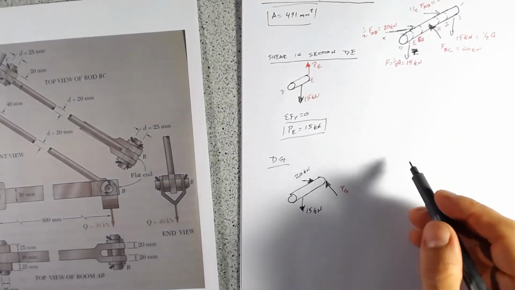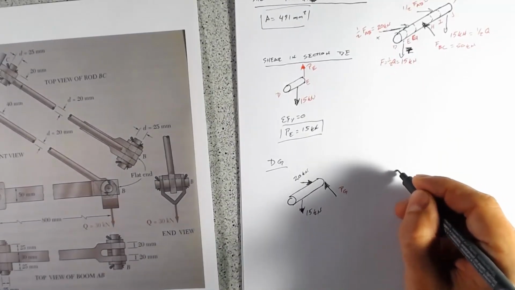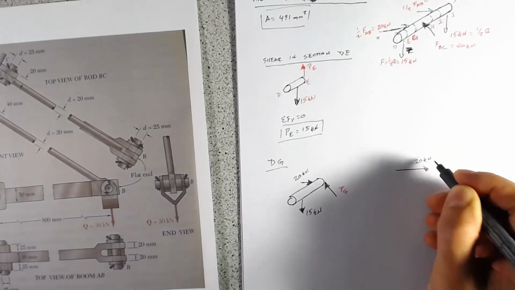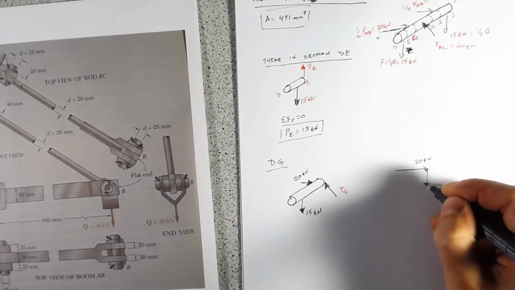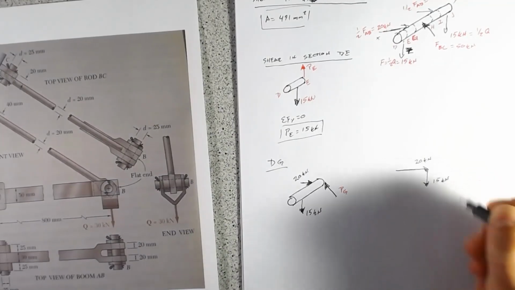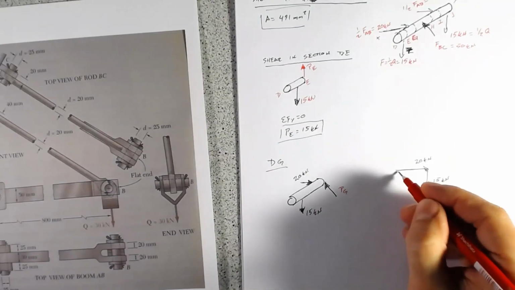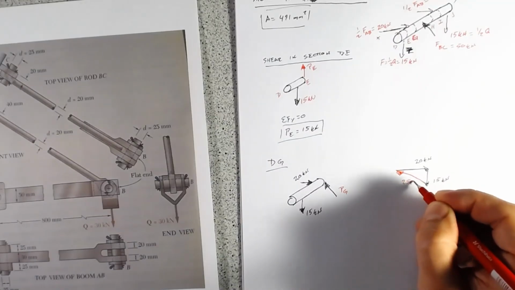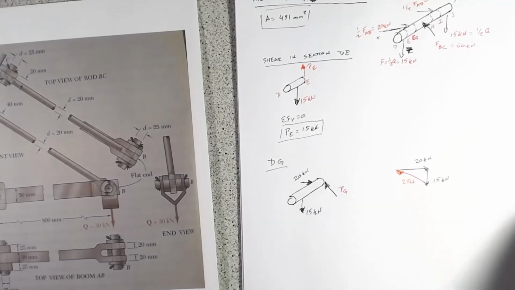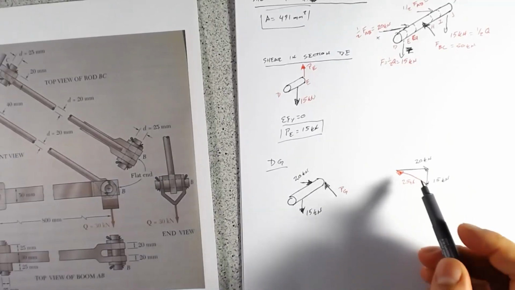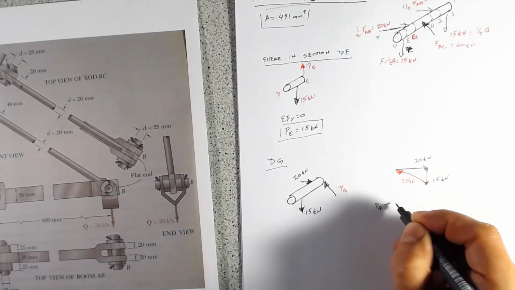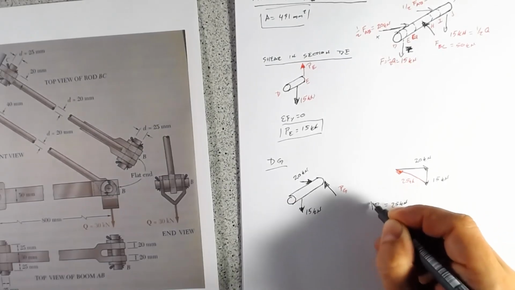From vector math, with a horizontal load of 20 kilonewtons and a vertical load of 15 kilonewtons, to be in equilibrium we need 25 kilonewtons, and that's a 3-4-5 triangle. So PG equals 25 kilonewtons.